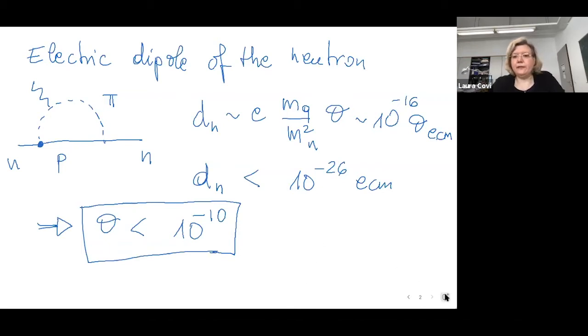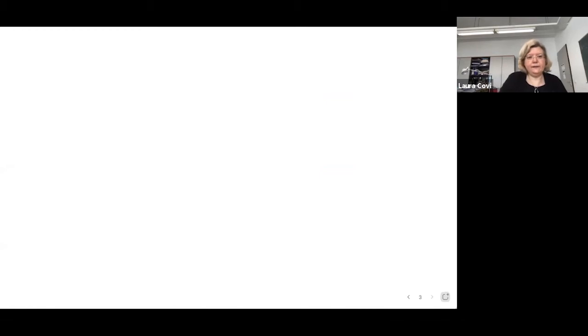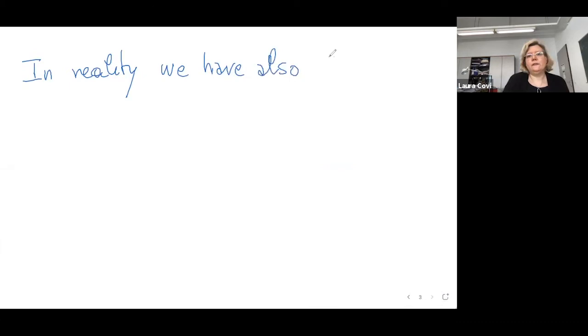So this is practically the next discussion. So in reality, we have also CP violation connected to the quark masses.